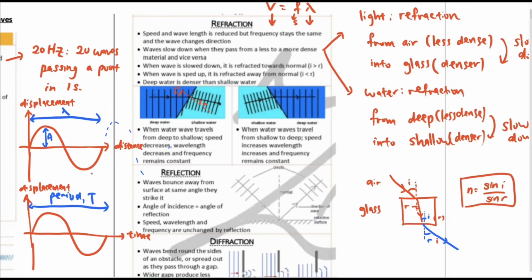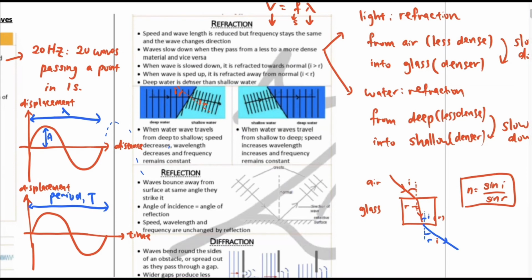Okay, now understand. Now let's continue. When you explain in words, you say this is I, this is R. But when you do calculation, just remember the idea. Deep water is denser than shallow water.